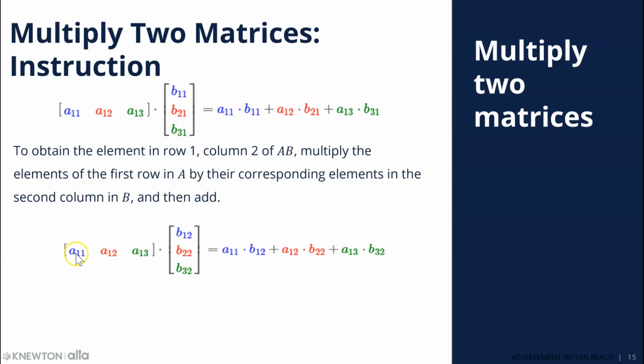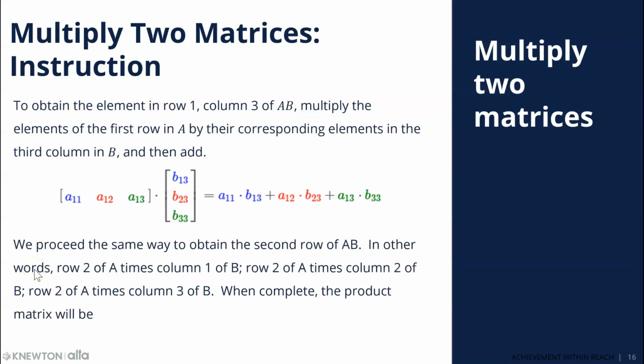So that is multiply A sub 1 1 to B sub 1 2, and then A sub 1 2 to B sub 2 2, and A sub 1 3 is multiplied to B sub 3 2, and then add the products.